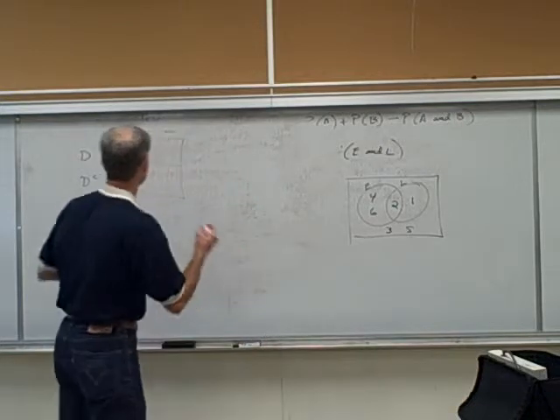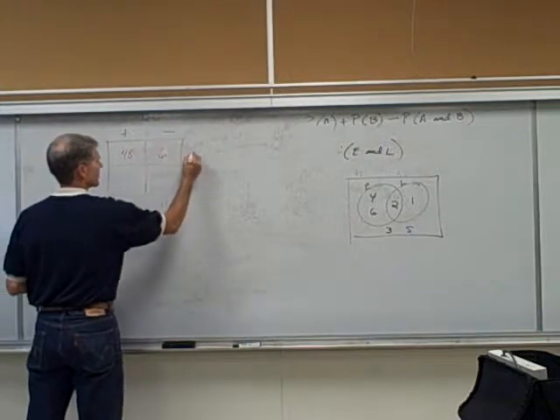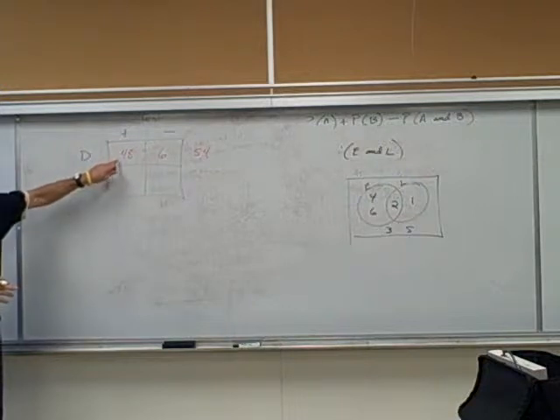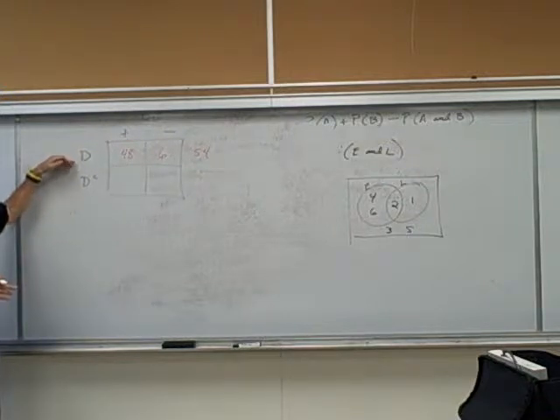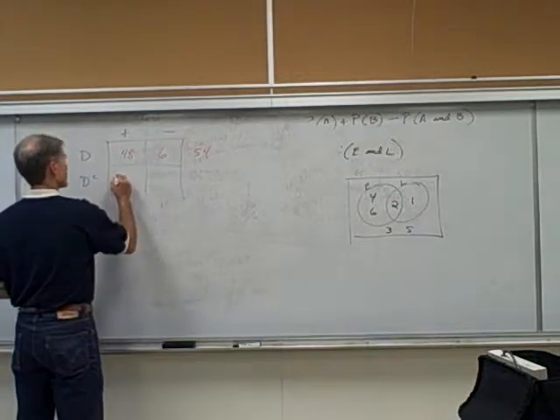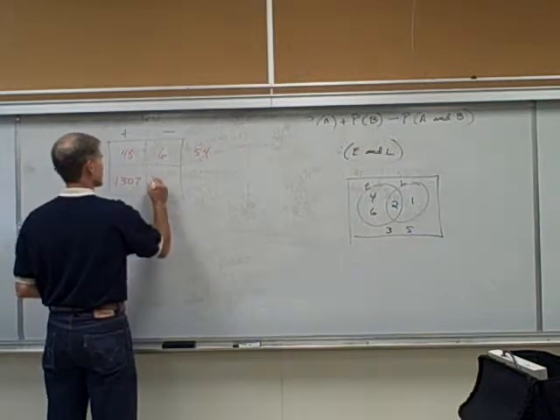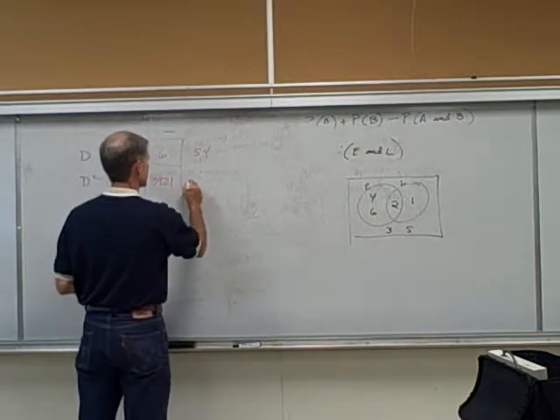So in the book, it tells us that there were 48 people here, 6 people here, and 54 people there. So what are these 48 people? They tested positive and the baby did have Down syndrome. Okay. The bottom row of the table is 1307 and 3921 for a total of 5228.